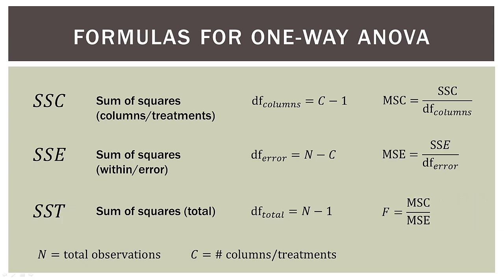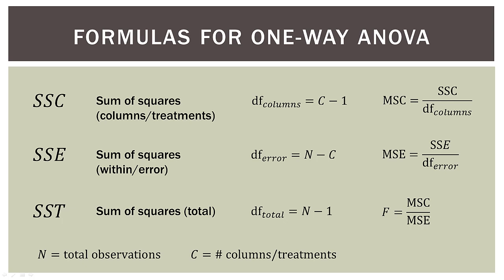Now in the end, we will end up with an F statistic. Remember way back when on our F-stat video what the F statistic is? It's a ratio. The F ratio is a ratio of two variances. So in our F ratio here, in the numerator, we're going to have the mean sum of squares for the columns, which is the variance between the columns.